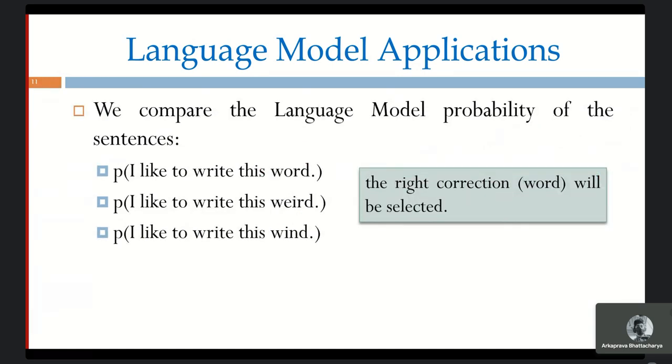Now you can see the probability of "I like to write this word" and the probability of "I like this word," the probability of this should be higher than these two, because the distance we have seen between the misspelled word and this one was 1. When I considered the others, the distance came to be 2.